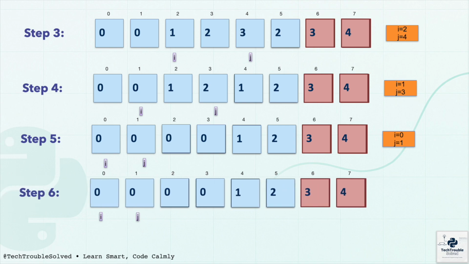In step 6, 0 at 0th index will be duplicated at first index and 0th index, and i will move to -1 and j will also move to -1, that is array out of bound, and this is our final array: 0 0 0 0 1 2.